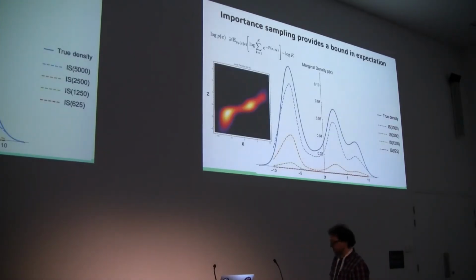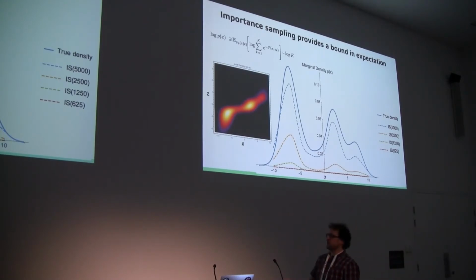So this is an illustration of that. This is a latent model with only two variables, one-dimensional variables. This solid line is the true density, and I build the lower bound on the true density based on importance sampling. And you can see as you grow the number of samples, the bound gets closer to the true density.